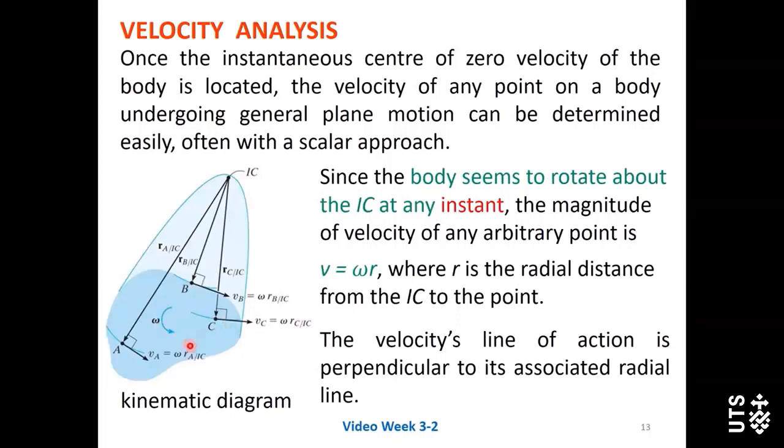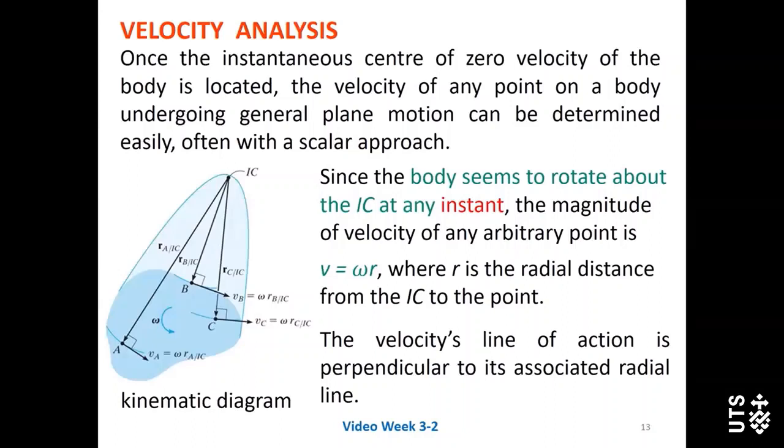And also, if we know the direction of angular velocity of this rigid body, for example here, it's counterclockwise, then we can easily find the direction of VA, VB, and VC. One advantage of using the IC method is we don't need vector calculation. We only need scalar calculation.